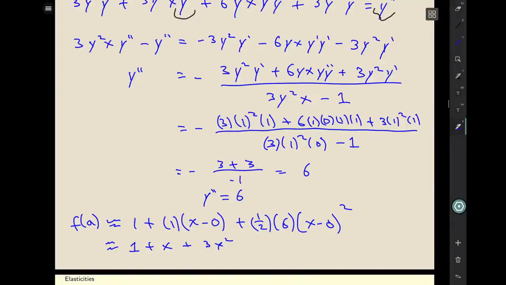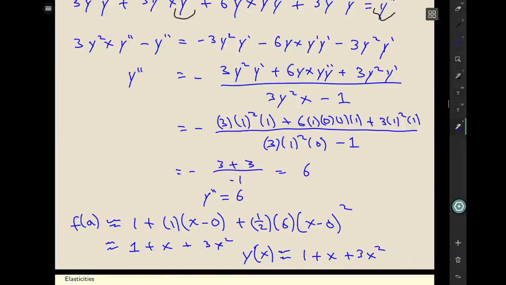Now what have we approximated? We've said, well, if I'm looking to find y around x at some value, it's going to be approximately equal to 1 plus x plus 3x squared.